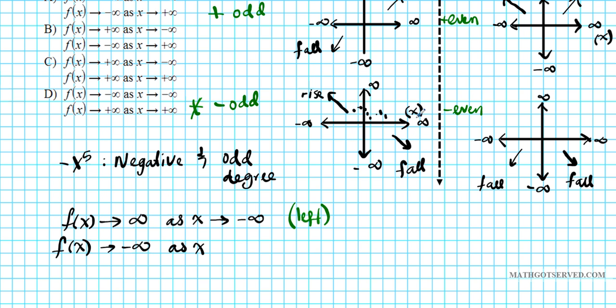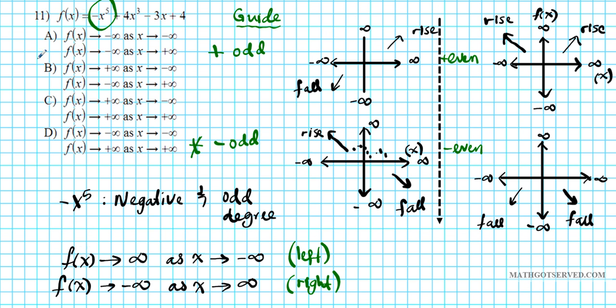What is at the right end of the x-axis? Infinity. So this statement just basically tells you that the function falls as x goes to the right. So this is the right end behavior. Correct answer for number 11 is option letter B.